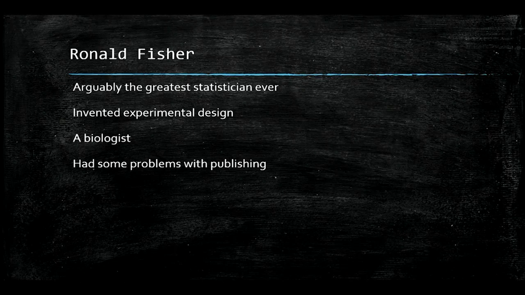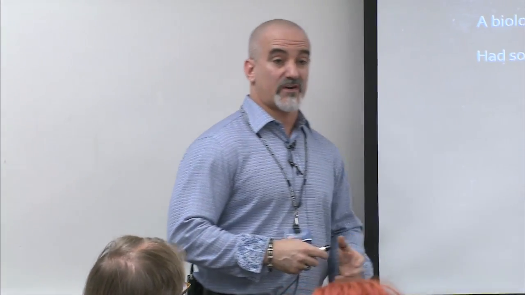He had some problems with publishing. It turns out he had very poor eyesight. So as a child, he learned how to do math, a lot of it in his head. And he used to think in terms of geometric pictures. So when he would publish papers, the referees had a terrible time trying to interpret it, and so it would take him a long time.